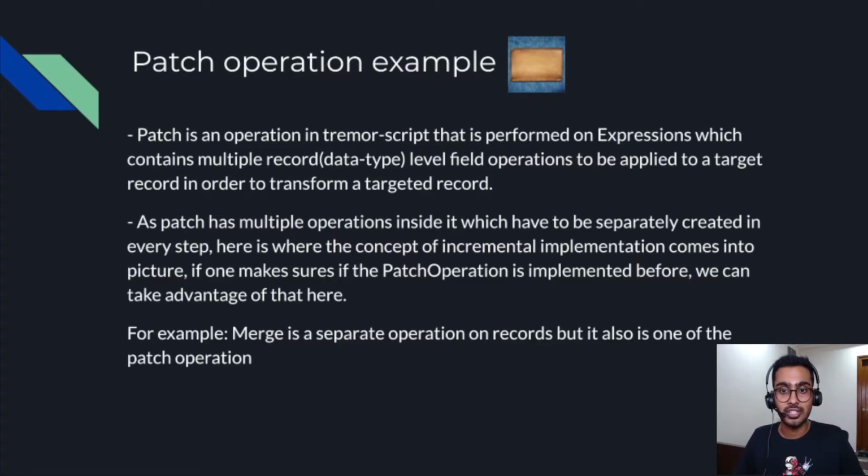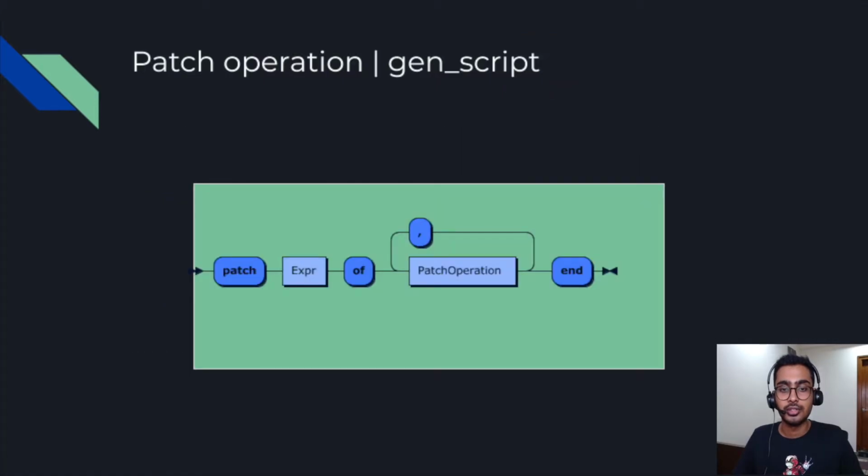Basically it can be anything, like merging or something similar to that. So if you can see the structure, a patch operation usually follows this syntax. There's a patch keyword and an expression following that, then the operations, multiple patch operations, and end. So usually that's how a patch operation is written in Tremor script, right? It can be different in different languages, but here this is how it is done.